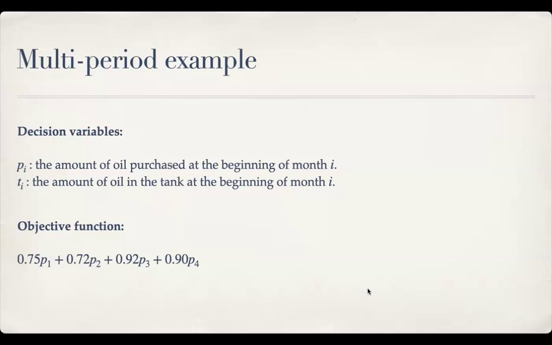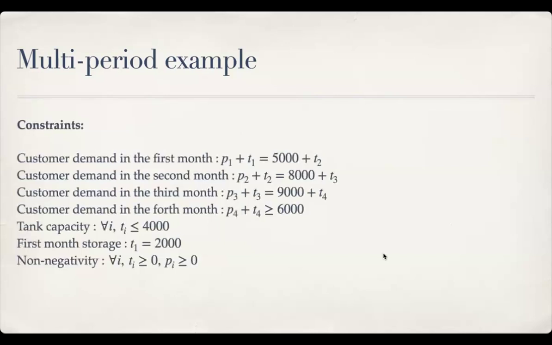Now we move to the constraints. For customer demand in the first month, we purchase P1, and at the beginning of the first month we have T1 in the tank.